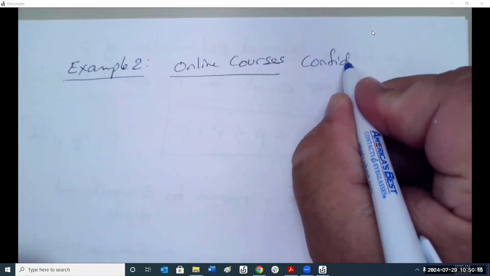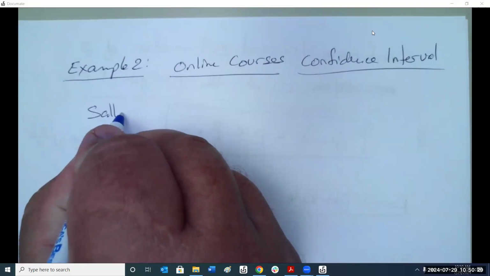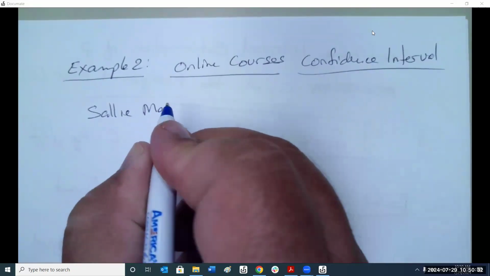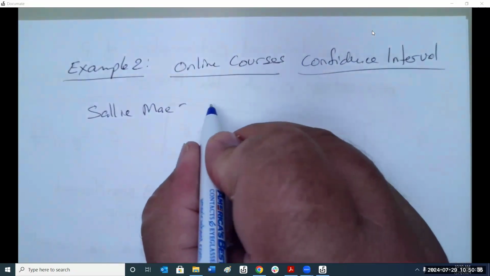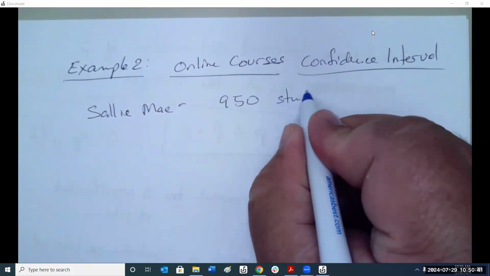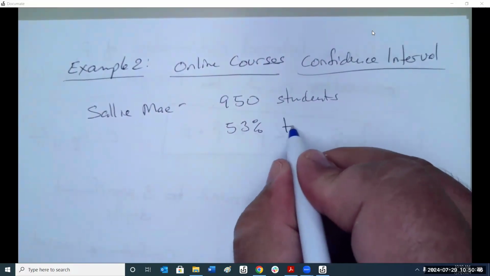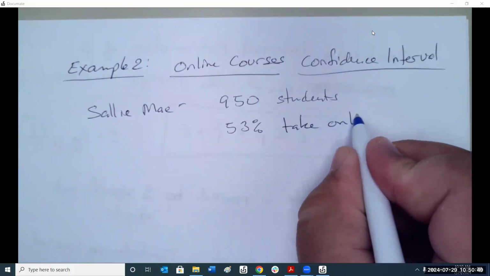Online courses. Construct a confidence interval. So in the chapter problem, we noted the Sallie Mae survey that deals with student loans. 950 undergraduate students, 53% of them take online courses.